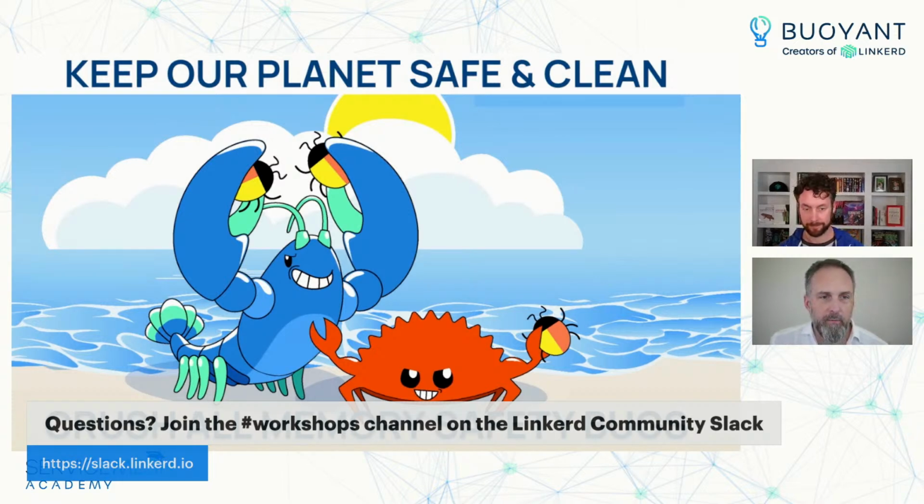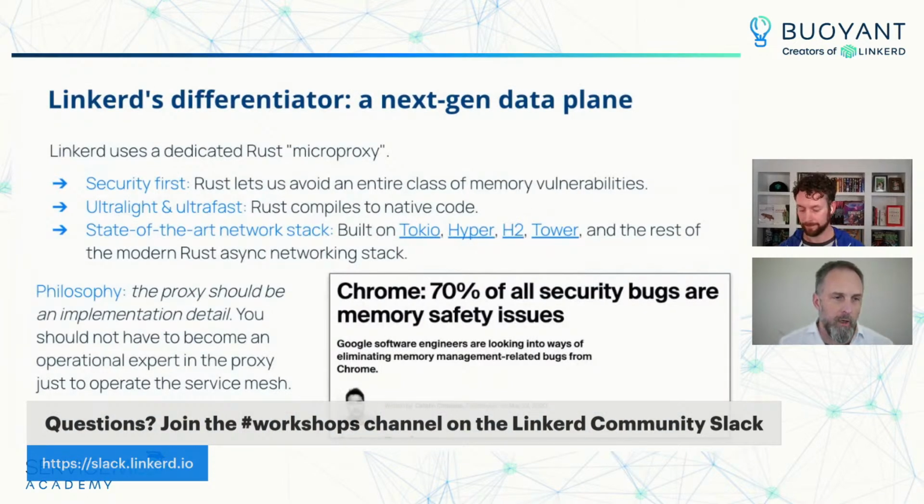You get memory safety. Many service meshes use a general purpose proxy called Envoy, written in C++. We take a different approach. We use what's called a micro proxy, focused just on the service mesh use case, and it cannot be used outside of it. Linkerd is not a general purpose proxy, but it is very fast and very, very light. And it is security first.